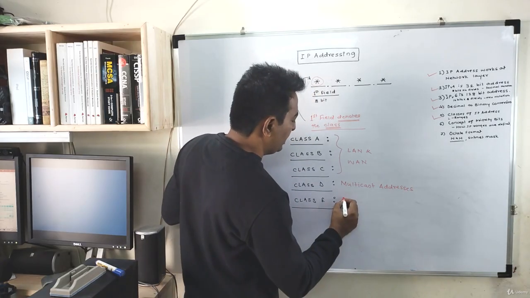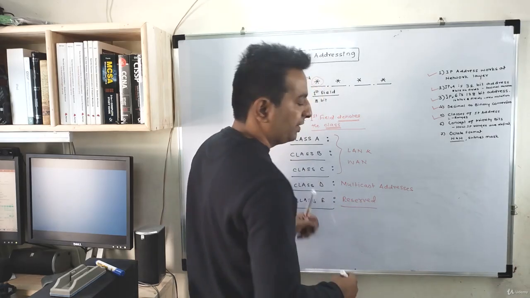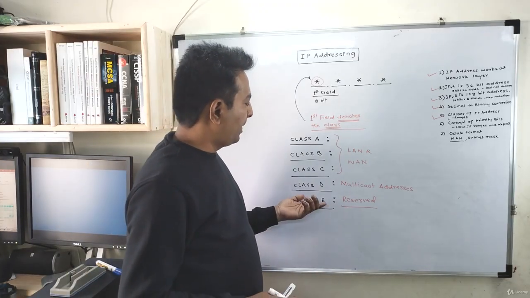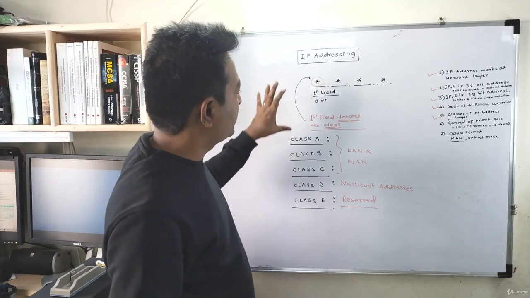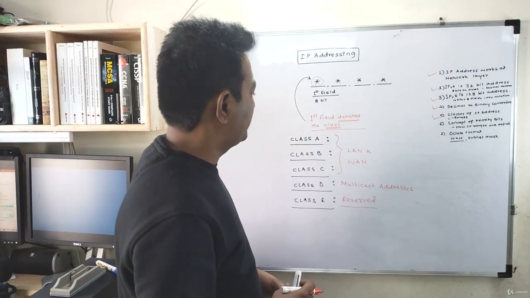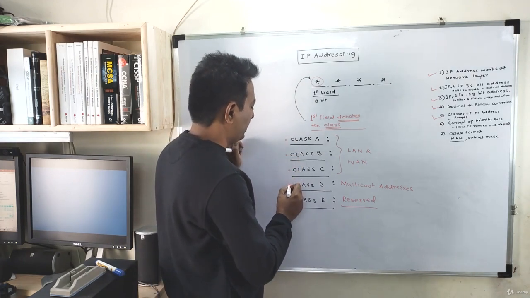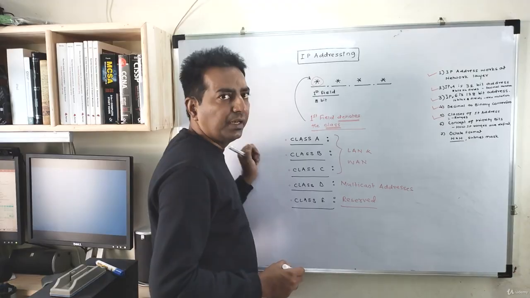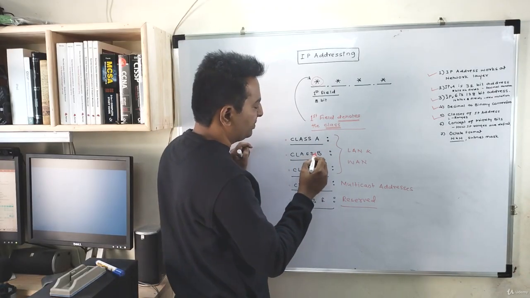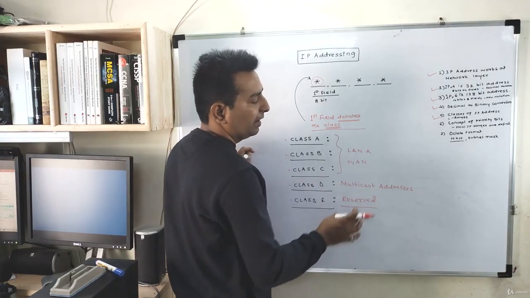And class E addresses are reserved. There is a reason why these are reserved, but for us to understand the concept, let us first see what the different classes are and what their use is in day-to-day life.